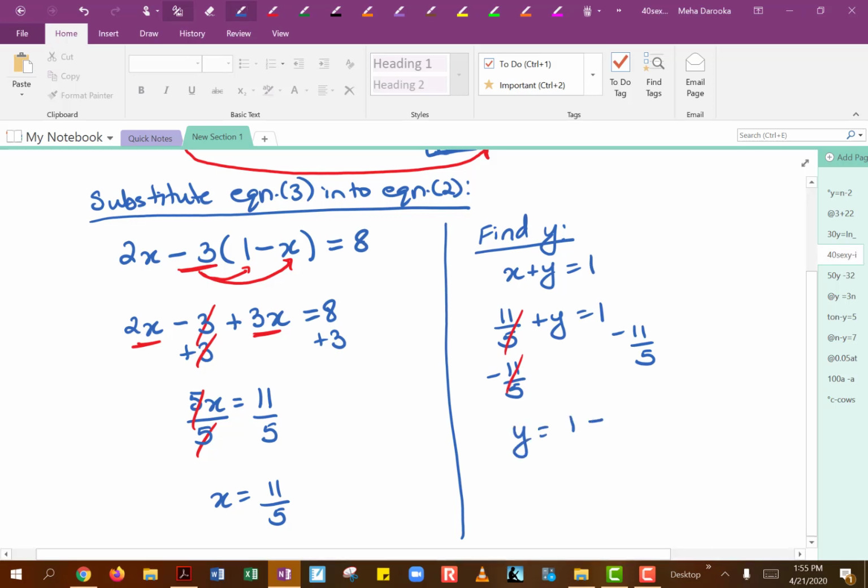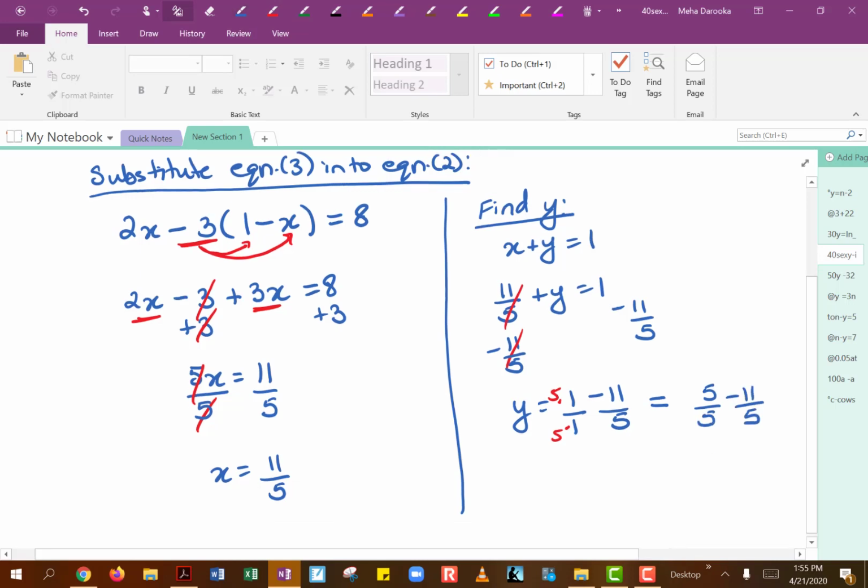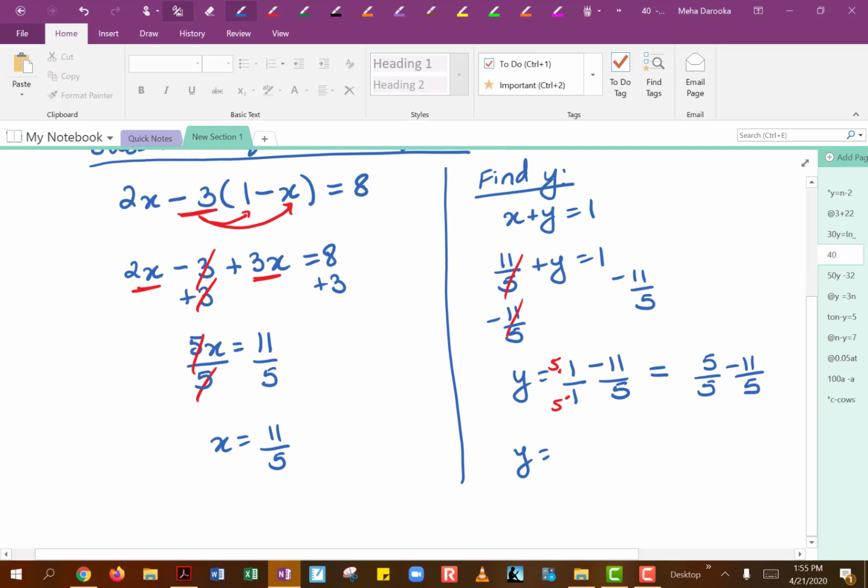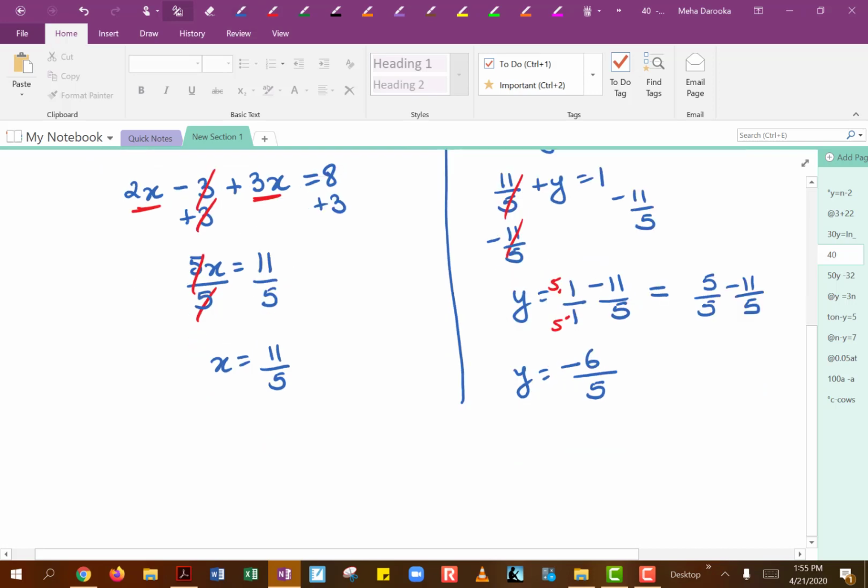Now of course we'll need to find a common denominator, so multiply this by 5 and you will end up getting 5 over 5 minus 11 over 5, which will give us 5 minus 11 on the numerator, which is negative 6 over 5. So we now have our x coordinate and we have our y coordinate.